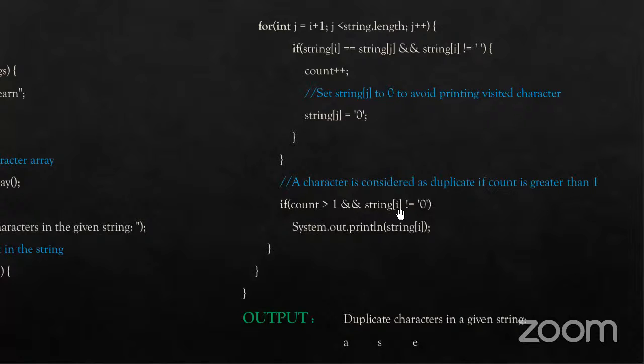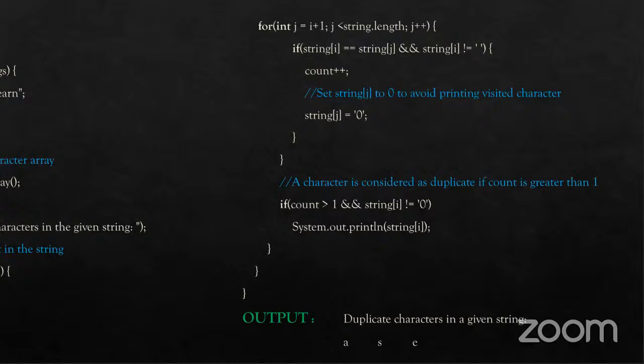So if count is greater than 1 and string of i is not equal to 0, then we are printing those duplicated characters, right? If the count of a character is greater than 1, that means the character is duplicated. We need to print only those characters inside string of i which have a count greater than 1.